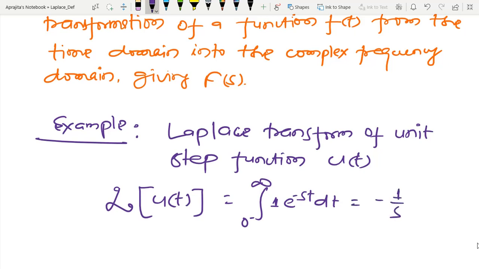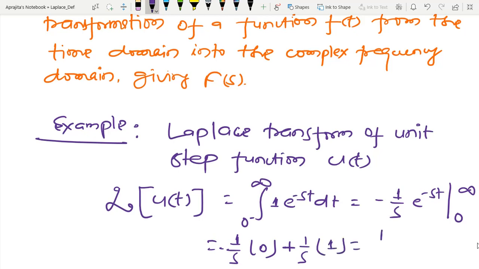If you solve this integral, and after that I have to do integration from 0 to infinity, that is 1 by s times 0 plus 1 by s times 1. So this is the Laplace transform of the unit step function.